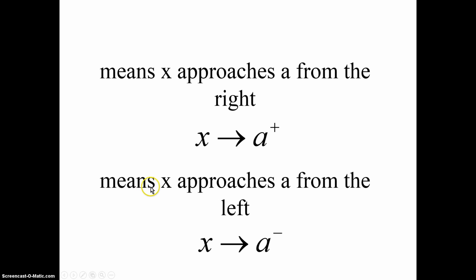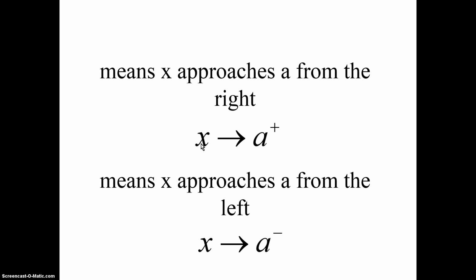And then we also approach it from the left-hand side, and we denote it with a superscript of a minus sign. So if we approach, let's say, 7 from the right-hand side, that means it could be any number to the right of 7. So, for example, that would be 8, 9, 10, 11, 12, and so on.